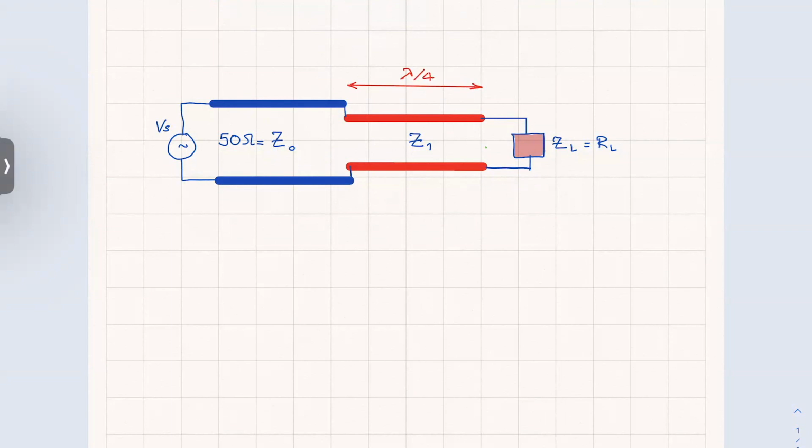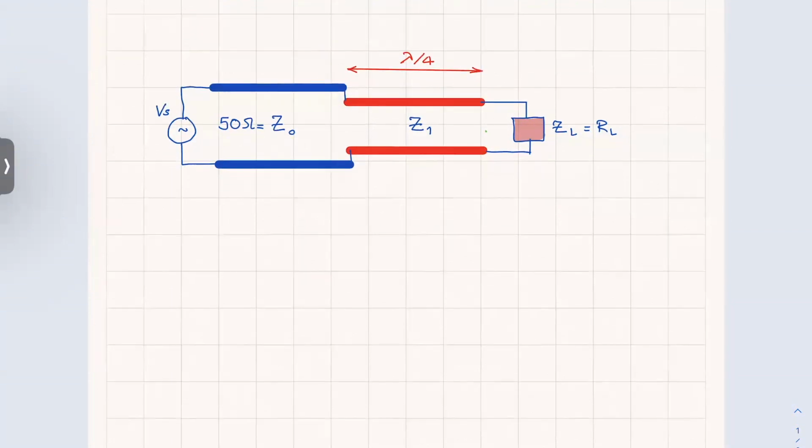That's why it's called the quarter wave transformer. Now, this section of line that has a new characteristic impedance Z1 and has a length of a quarter of a wavelength can totally match the blue line here.